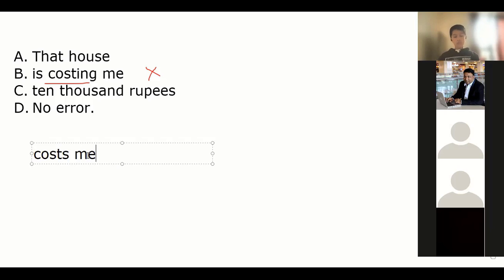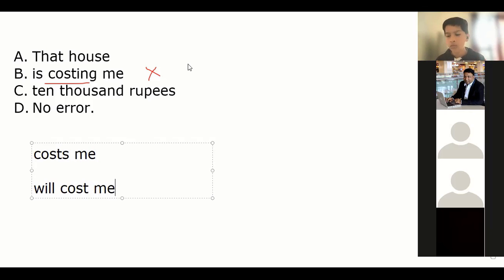There are two ways of saying, or you can say will cost me. Getting the idea? So that house costs me 10,000 rupees, or you can say that house will cost me 10,000 rupees. Good. Shaurya has done it right. Moksha has done it right. Got everybody? It was not as difficult.